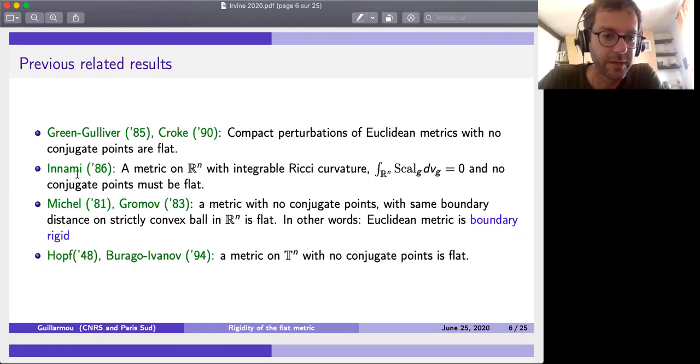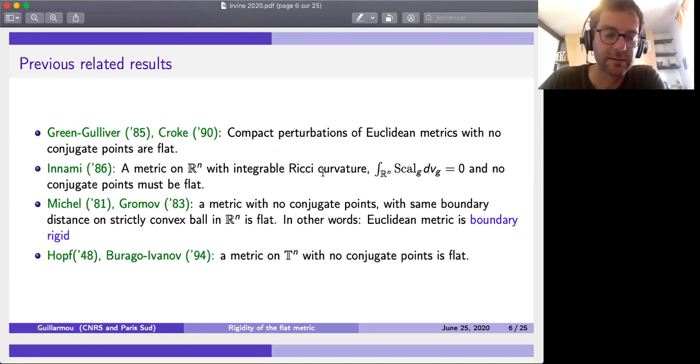There were also some results by Inami in '86. But these results involve some global assumption on the curvature, while in our case the assumption is just about the structure at infinity, that it's really asymptotic to Euclidean space at infinity. In any compact region, we don't assume anything except no conjugate point. In the paper of Inami, he assumed that the Ricci curvature is integrable.